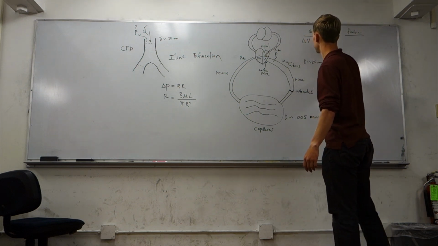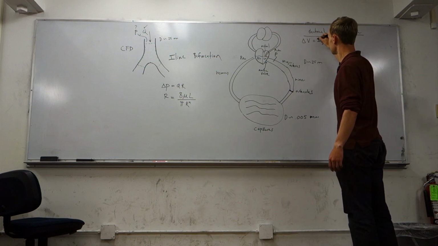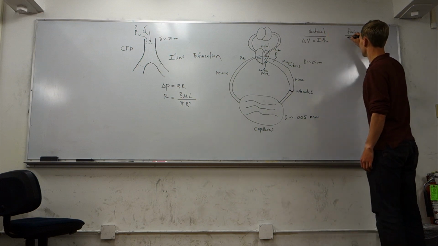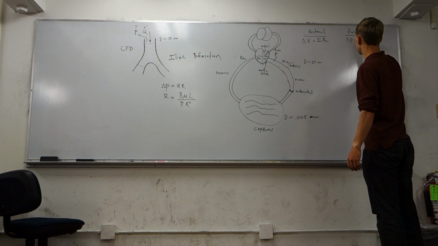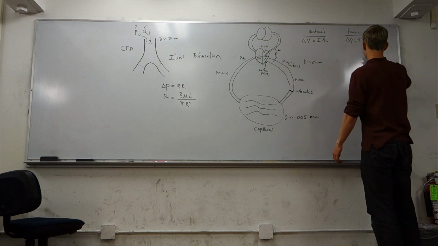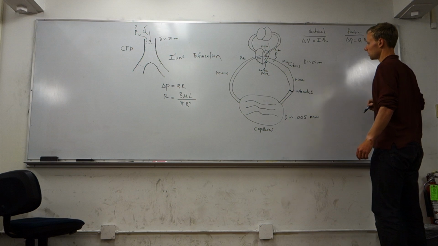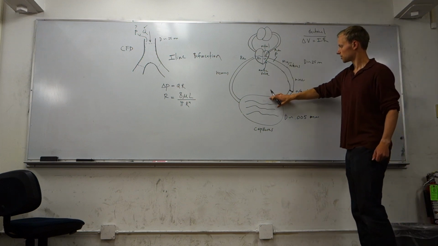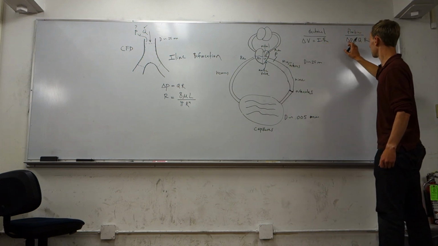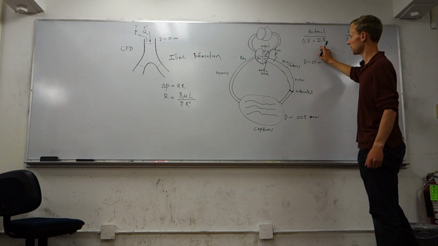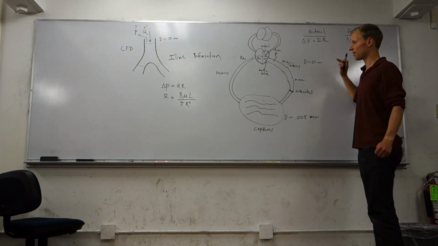So in electricity we have delta V equals I times R. And in fluids we have delta P equals Q times R. So we're going to try to model this in terms of a bunch of resistors, and we'll see if that's going to be enough to get the effect that we want.